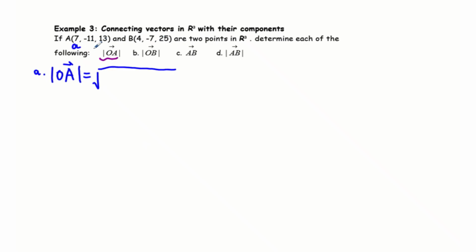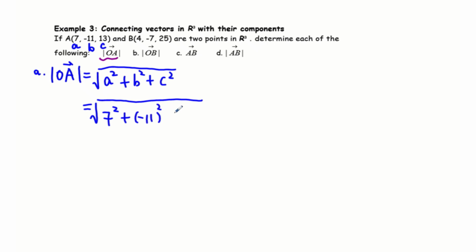So A, B, C is just A squared plus B squared plus C squared. Then we sub in 7 squared plus -11 squared plus 13 squared. We have the square root. Use your calculator, 339. We could roughly round it to 1 decimal place, 18.4.